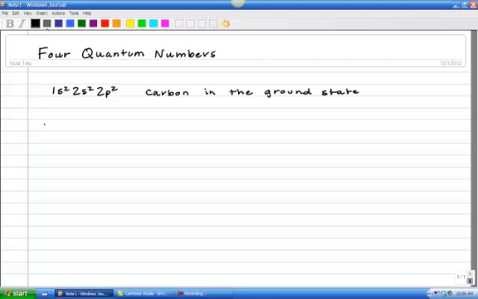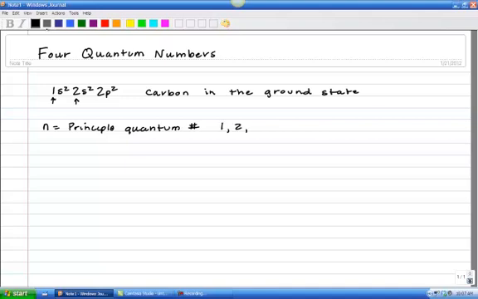We already talked about n, which is the principal quantum number. And that is the large number that you see right here, the 1 or the 2.